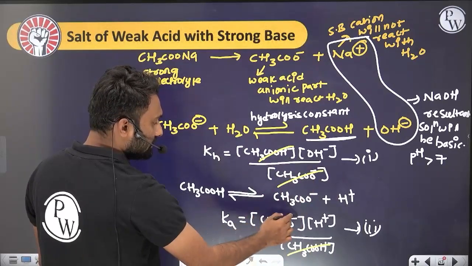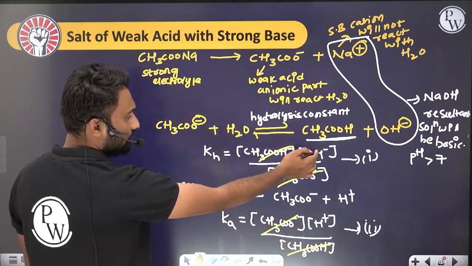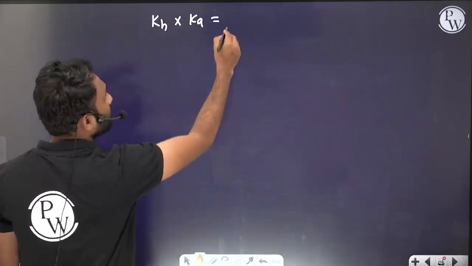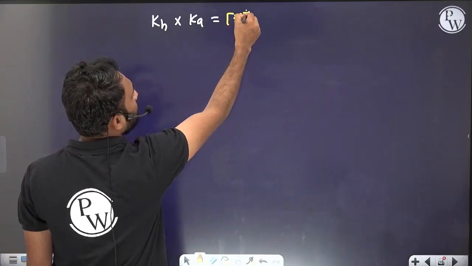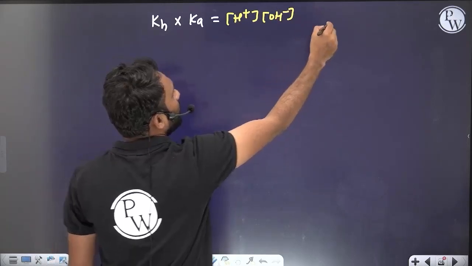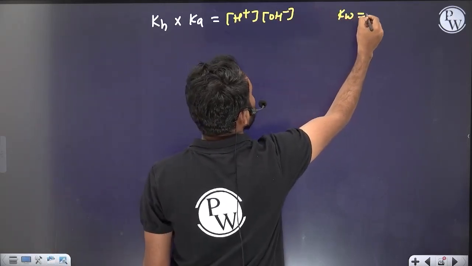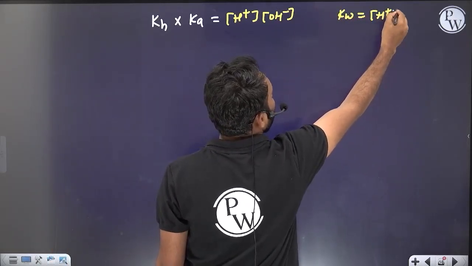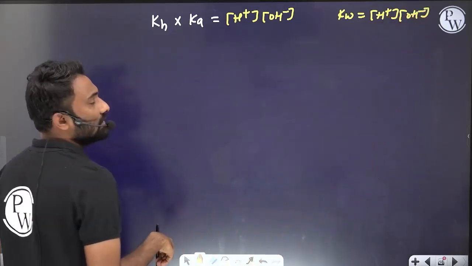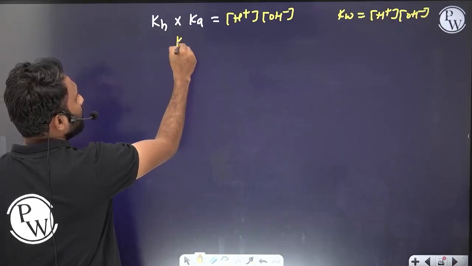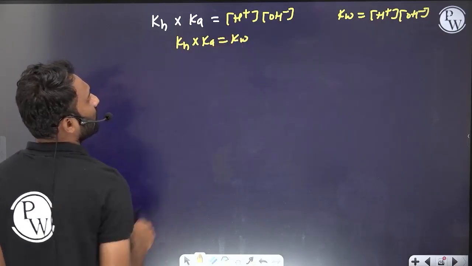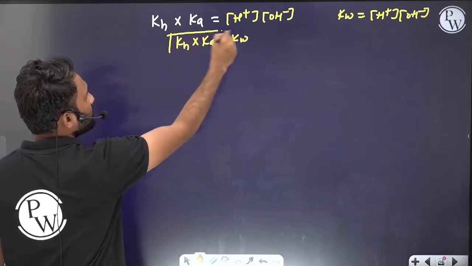Acetate ion will cancel out. The leftover will be the concentration of H plus and the concentration of OH minus. Now, KW is equal to the concentration of H plus times the concentration of OH minus. So KH into Ka is equal to KW. Now, this expression is very important.